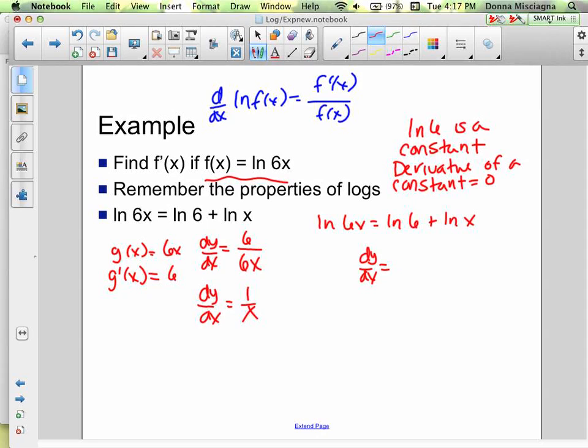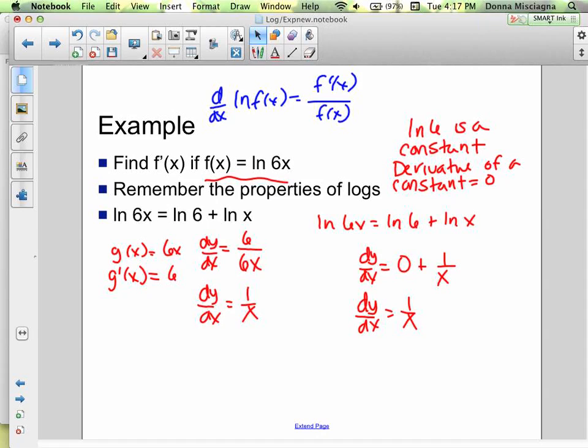So this would just be 0 plus 1 over x, or 1 over x. Look at that. We got the same thing either way. And this one was pretty easy no matter which way we did it. But sometimes it's helpful to use properties of logs to simplify first and then take the derivative. Okay, so just a little thought there.